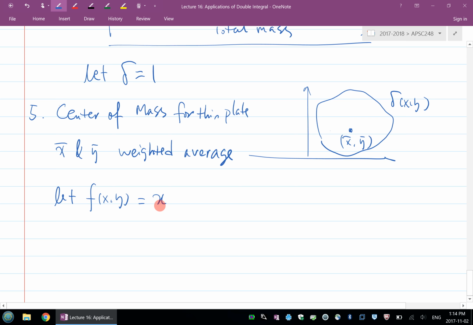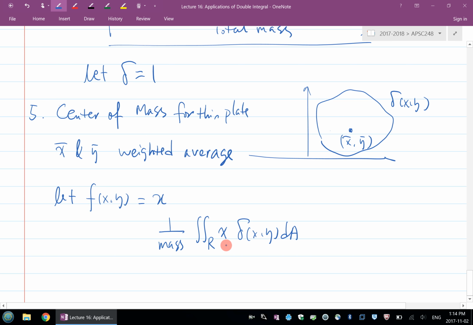So what do we get? We get 1 over the mass, and then a double integral of the function f, which is x currently, times the weight. The weight is delta of x, y dA. This is what you get after the substitution.